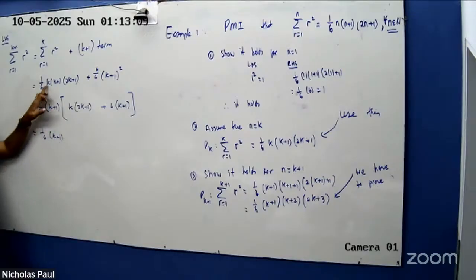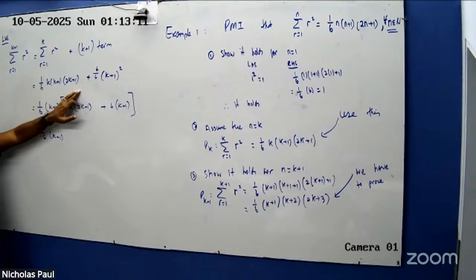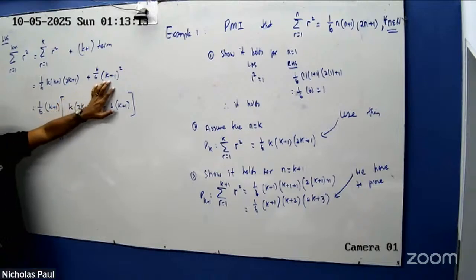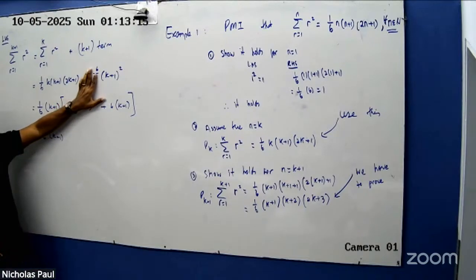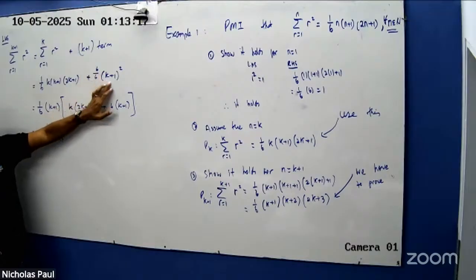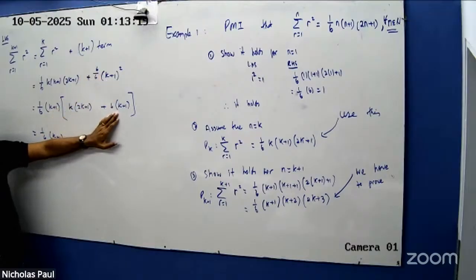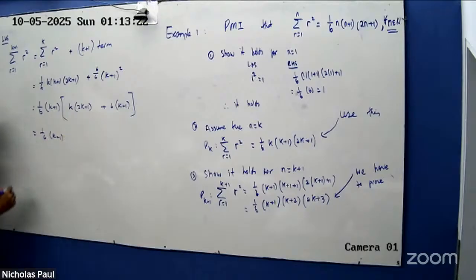So you're left with what? k and? What are you left with here? If I take out 1/6, I'll be left with 6 and k plus 1. If you have 6 over 6 and you take it out, same thing.